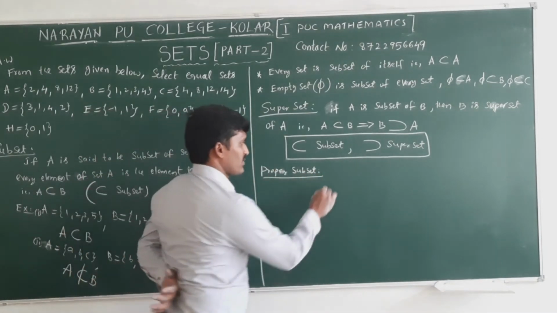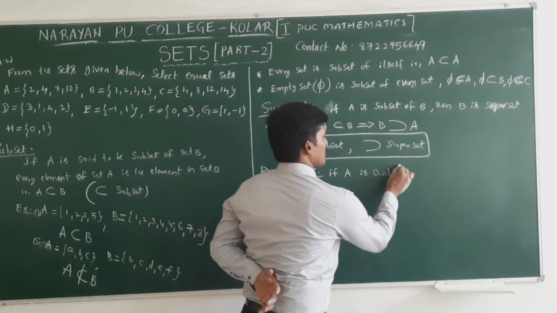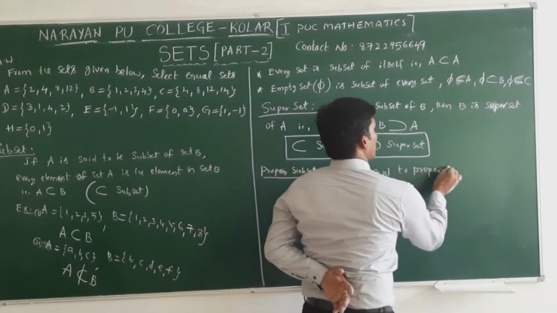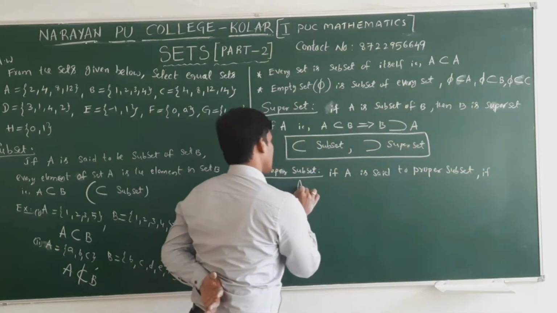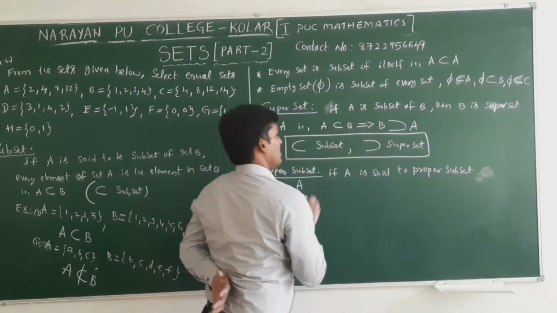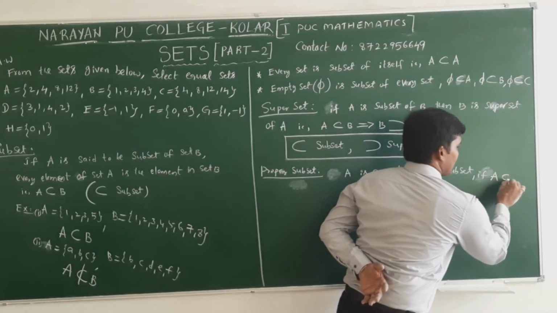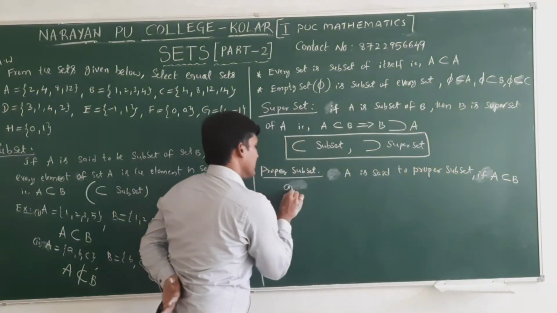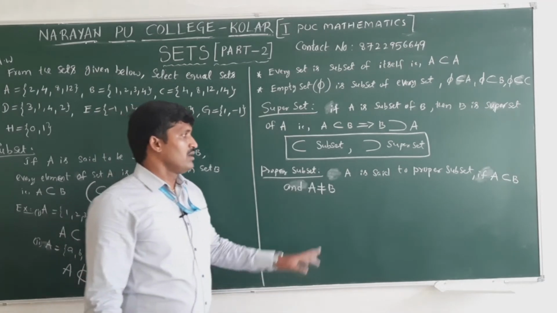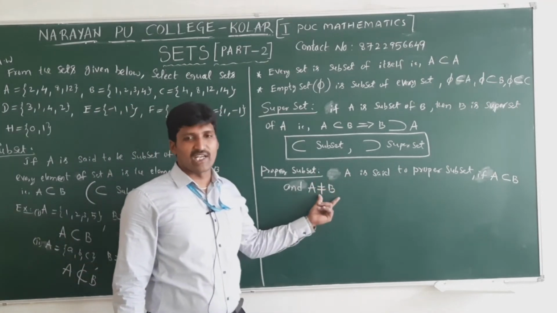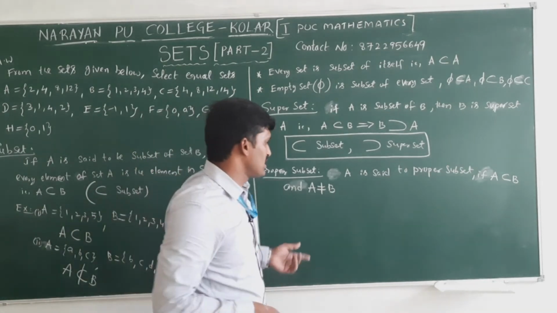A is said to be a proper subset of B if A is a subset of B and A is clearly not equal to B. That means sometimes equal sets will be there. Equal sets we can consider as subsets, but they are not equal.